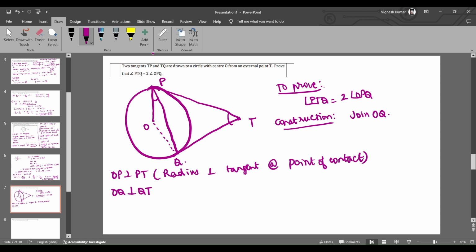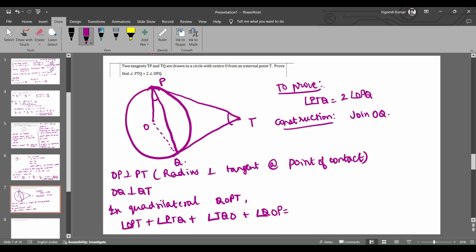So if we consider the quadrilateral QOPT, we know that the sum of all angles of a quadrilateral is 360 degrees. So we can write angle OPT plus angle PTQ plus angle TQO plus angle QOP will be equal to 360 degrees.